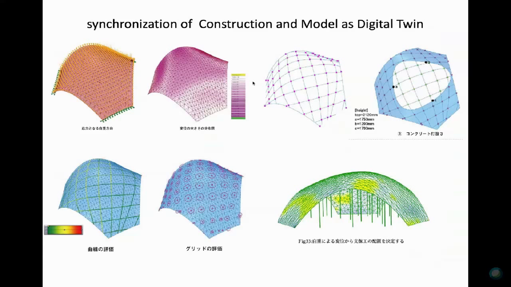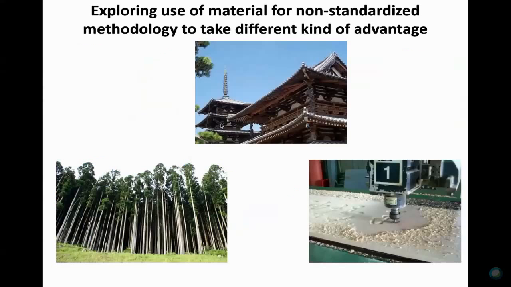And as a result, this synchronization of the construction model is what we needed. So it's a little different from the normal idea of design to construction. It's almost like an interaction between design and construction.